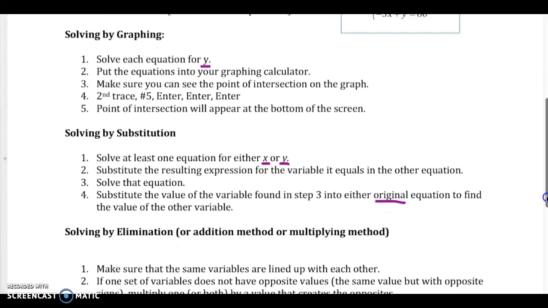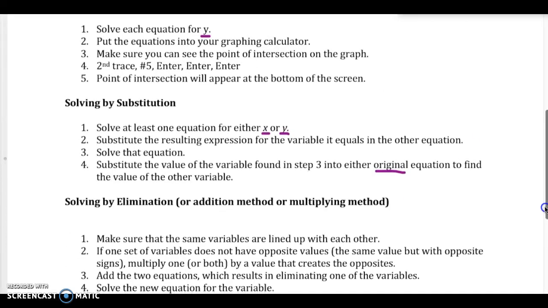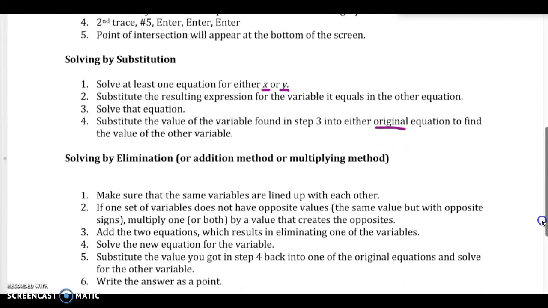Elimination, which is probably my favorite, is nice because if your equations are lined up like they are here, you multiply one of the equations so that you've got opposite values, and then you add or subtract, and one of the variables is eliminated right away. So you want to make sure that the variables are lined up.